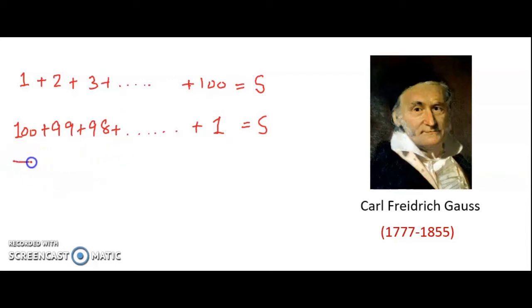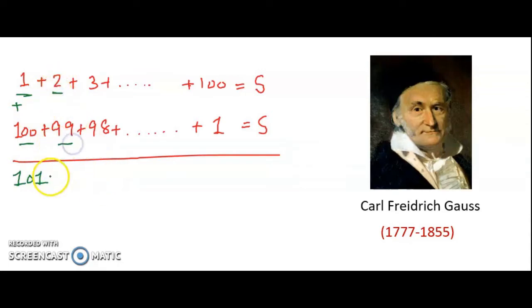Now if you add those two series, see what happens. 1 plus 100, you will get 101. Here 2 plus 99, then also you will get 101. 3 plus 98, then also you will get 101.